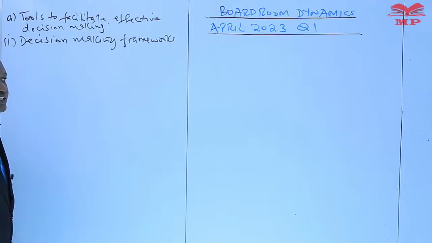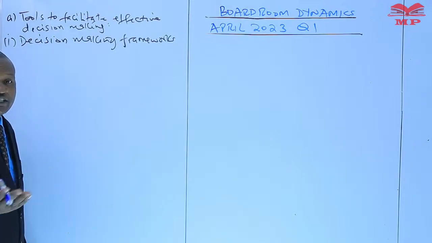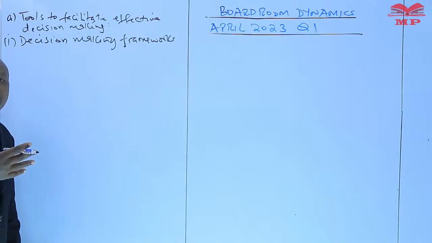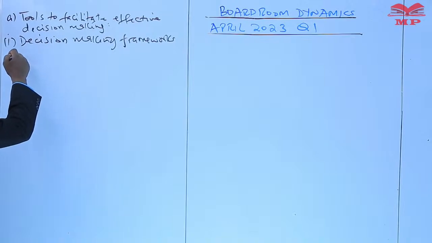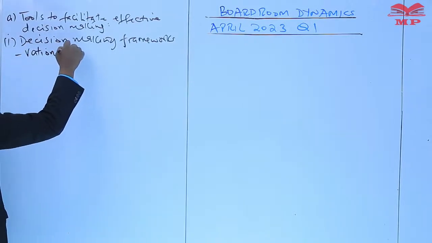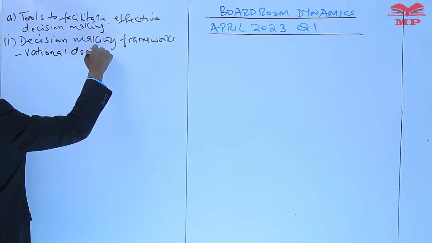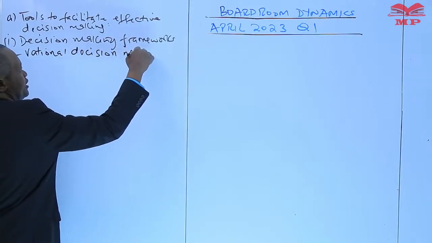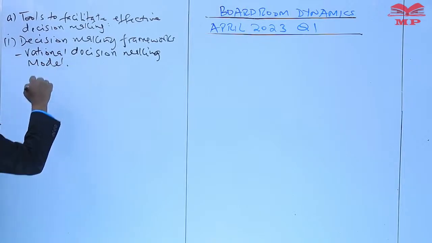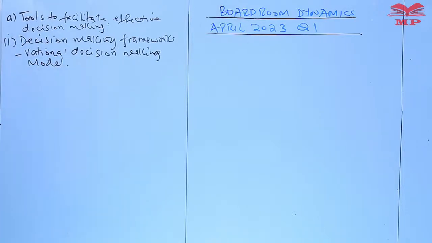There are many decision-making approaches which we covered in our class. Remember, we discussed the rational decision-making model. That is one example of a decision-making framework.